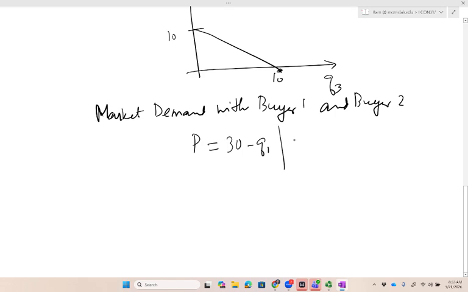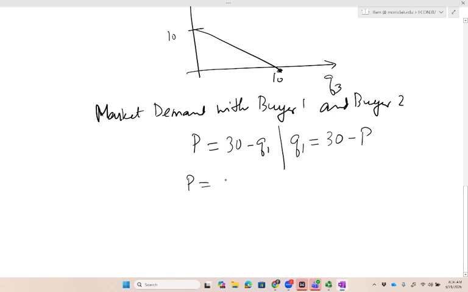I will write it as the quantity demand function, so Q1 on the left will be written as Q1 equal to 30 minus P. I had taken a simple inverse demand so that the transformation was easier, but what I need is the quantity demanded by buyer 1.